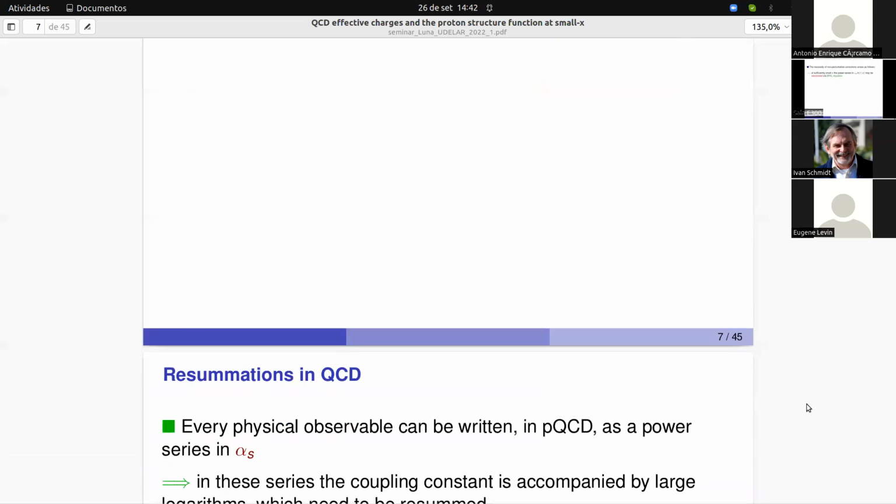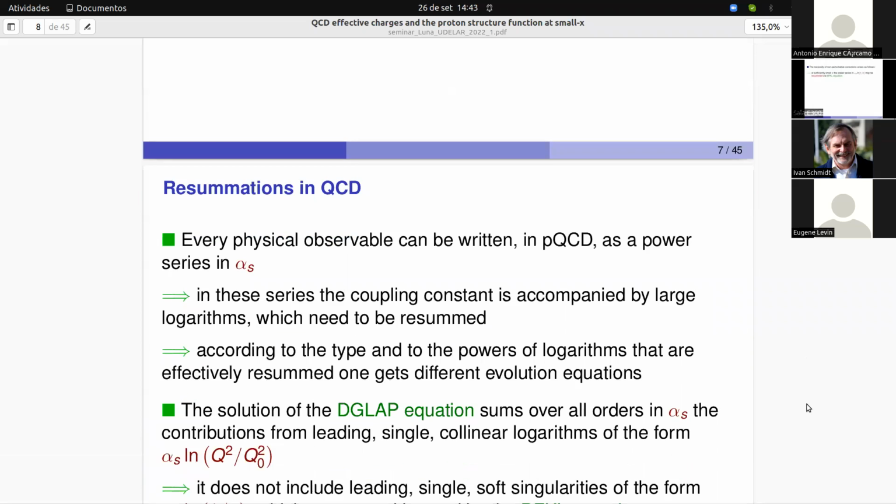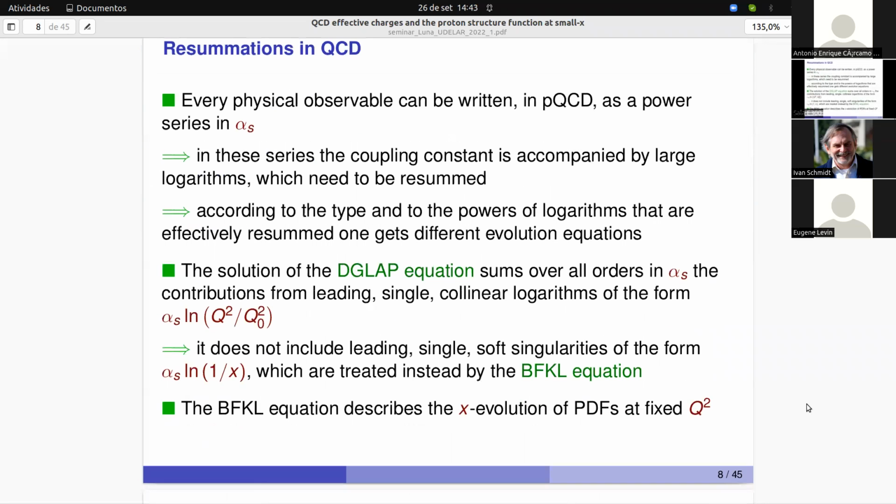So here I just want to talk very quickly about what I mean by resummations in QCD. The first point is that every physical observable can be written in perturbative QCD as a power series in the coupling. We have to have some conditions for this to be true, but in general this can be implemented.